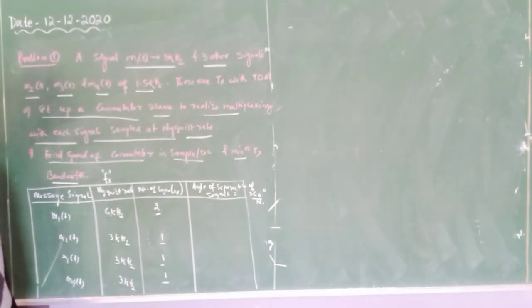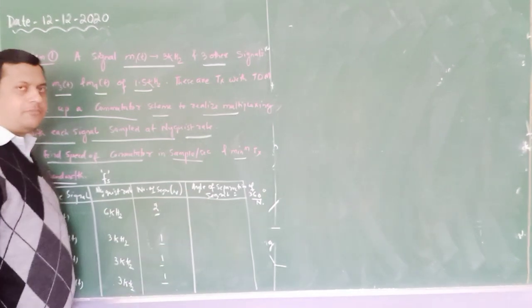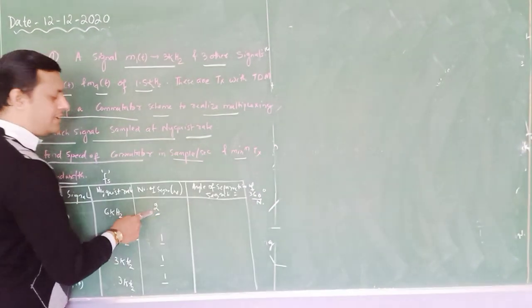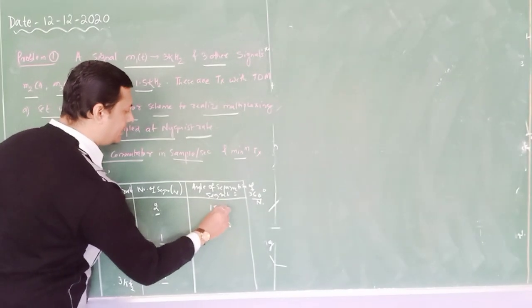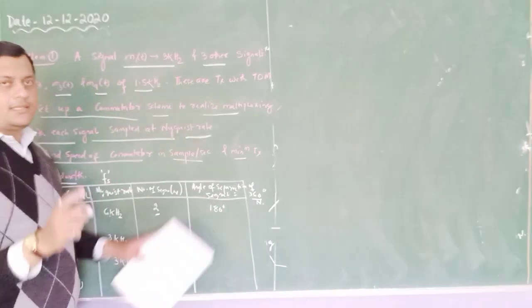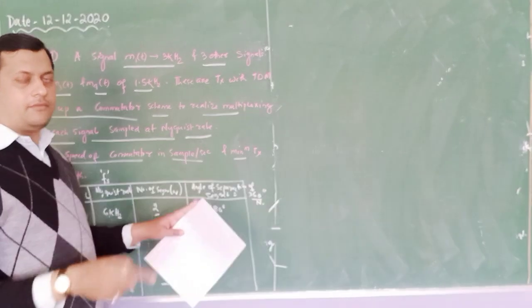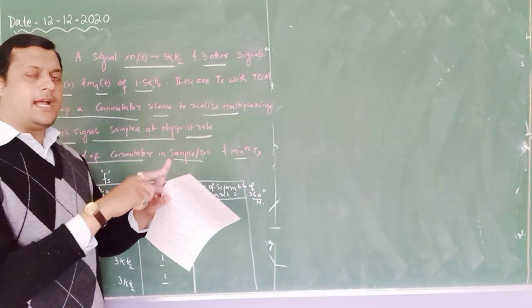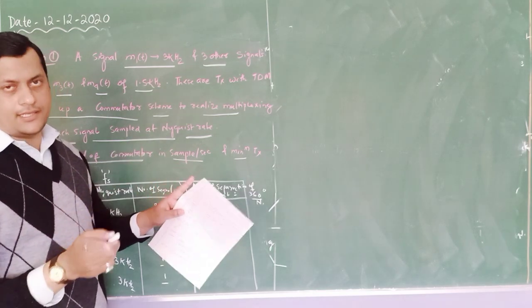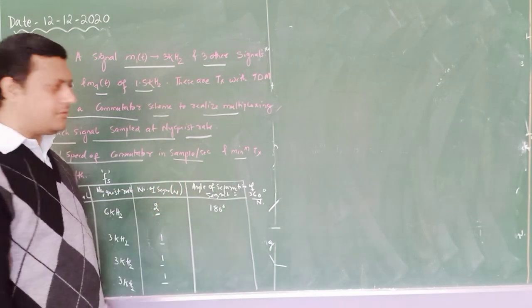So what will be the angle separation? 360 divided by 2 becomes 180 degrees. That means the 2 message components of the same signal are available at a difference of 180 degrees. While designing the commutator, I will show.